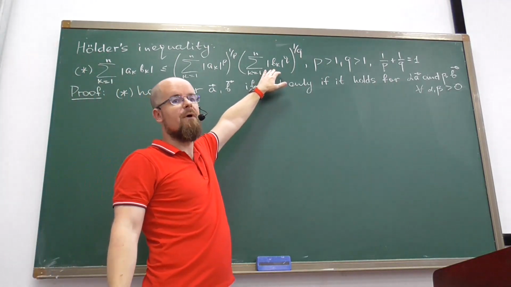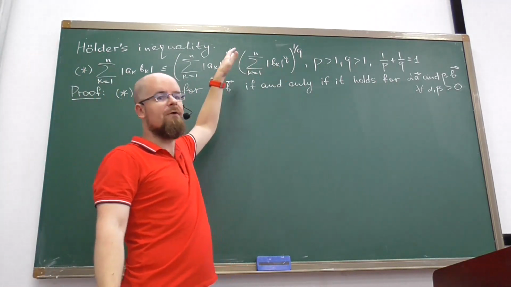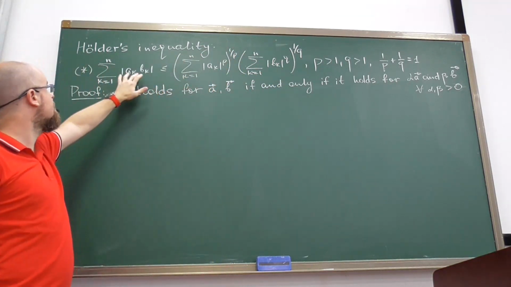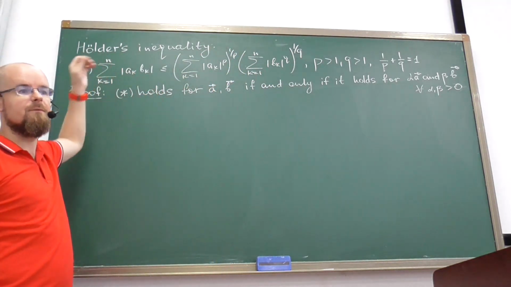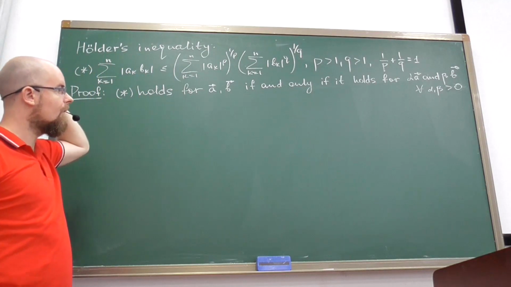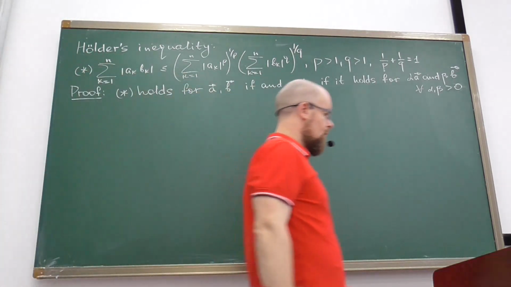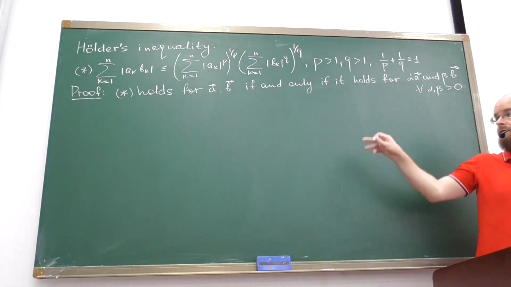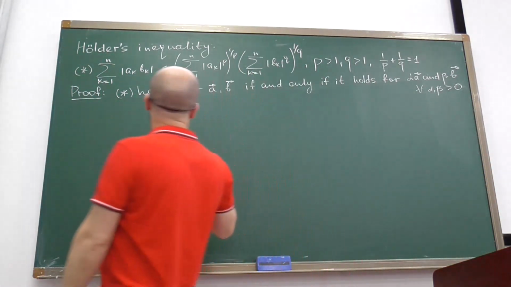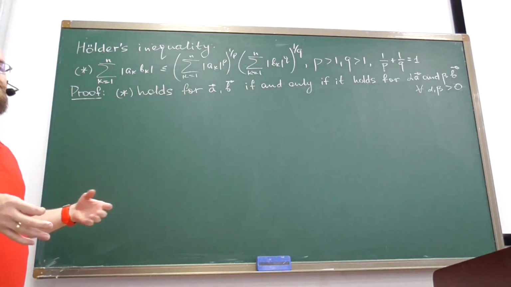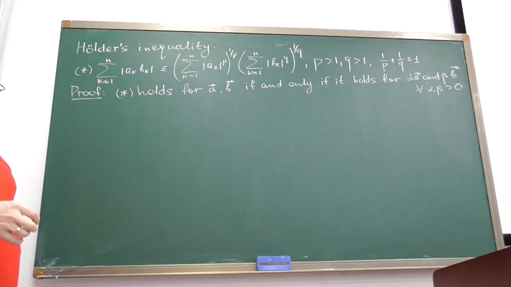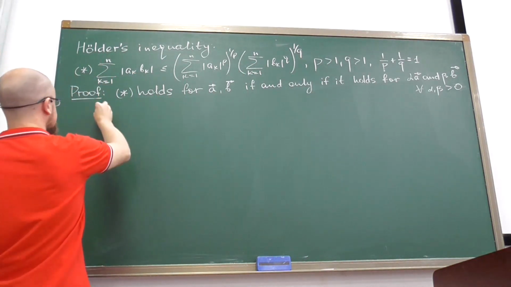If you replace b by beta b, then you can factor this beta out, and the same story is here, but even simpler. So this property, in other words, this inequality is homogeneous.